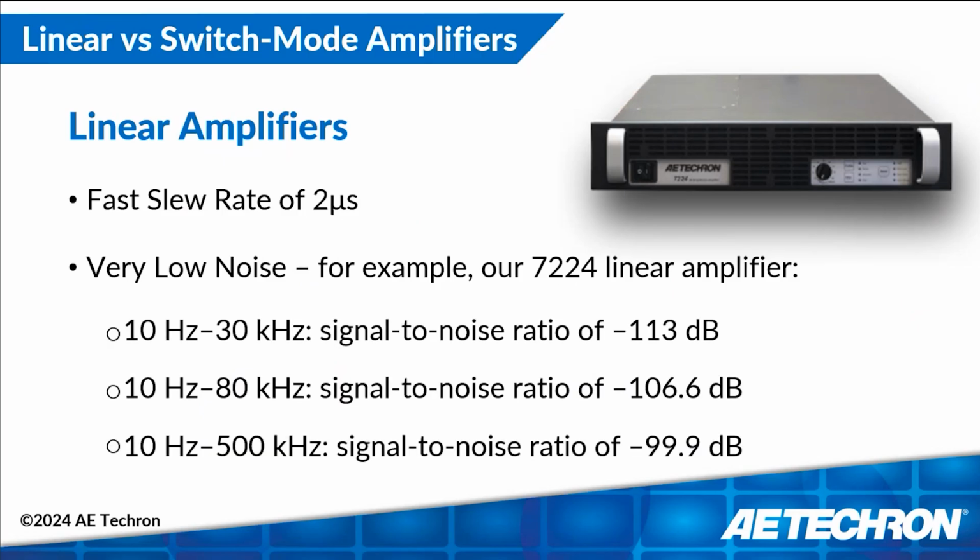Our 7224 linear amplifier has noise floors like this. If there's a need for that kind of low noise, a lot of times that's in the imaging market, such as MRI applications. They need low signal noise when they're listening for that signal, and our products are able to deliver that. We're known for that.